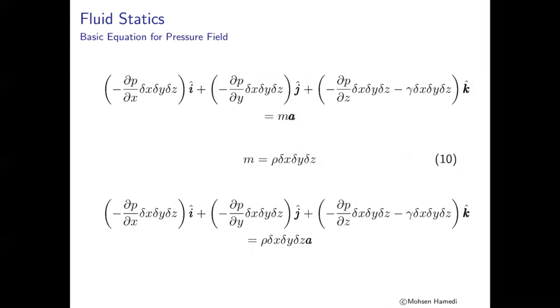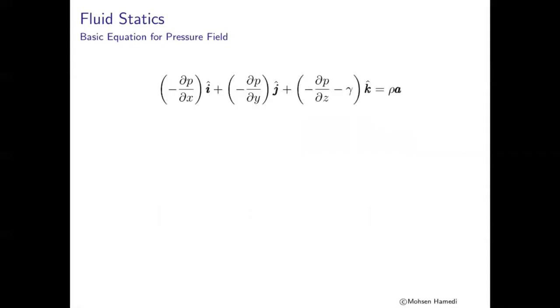And here, as you can see, we can divide all the terms by the volume of the element. So these terms are canceled, and it can be summarized and written in this form.